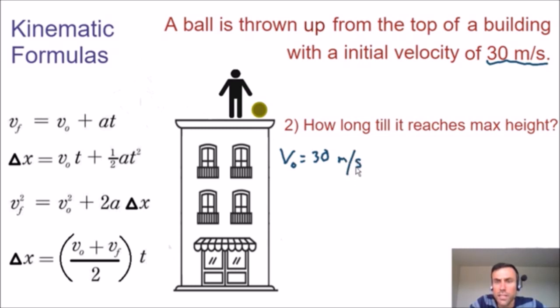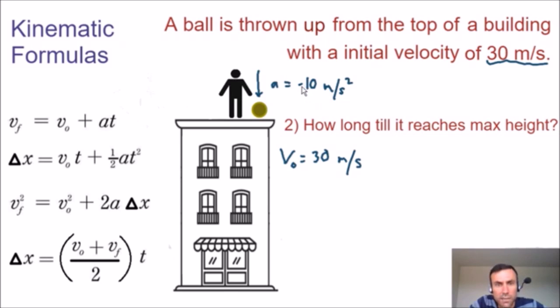So what else is given to us in this problem? Well, we know that the acceleration of this ball is the acceleration due to gravity. We have this force of gravity pushing down on the ball, and the acceleration due to gravity we know is negative 9.81 meters per second squared, but I round it to 10. So the acceleration due to gravity is equal to negative 10 meters per second squared.